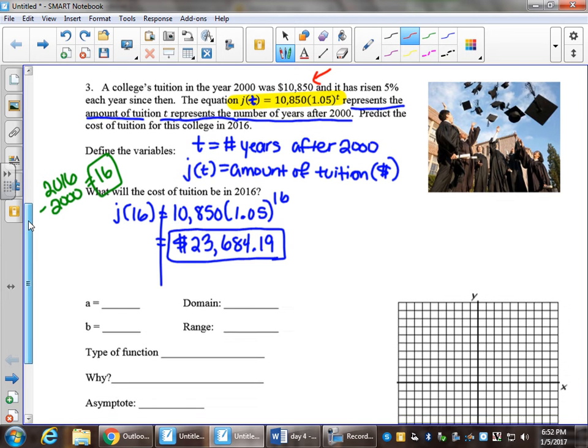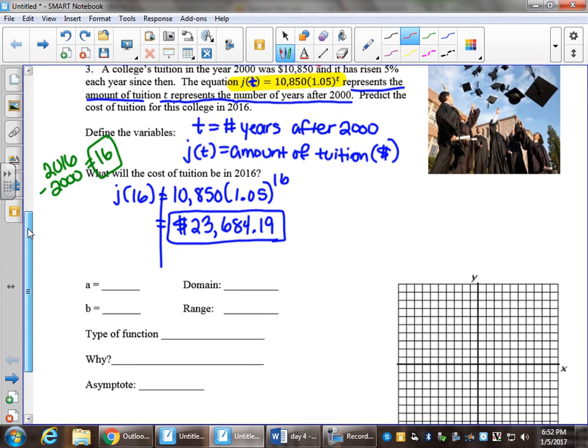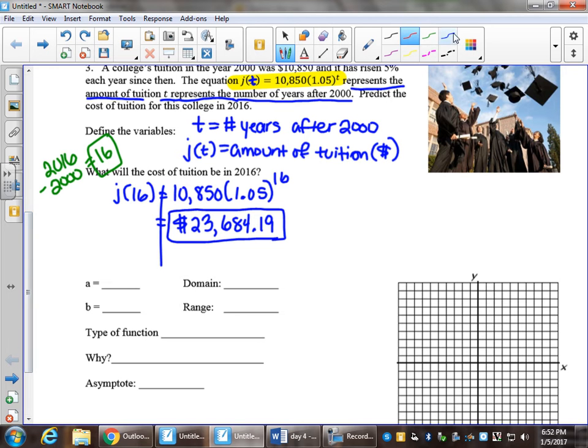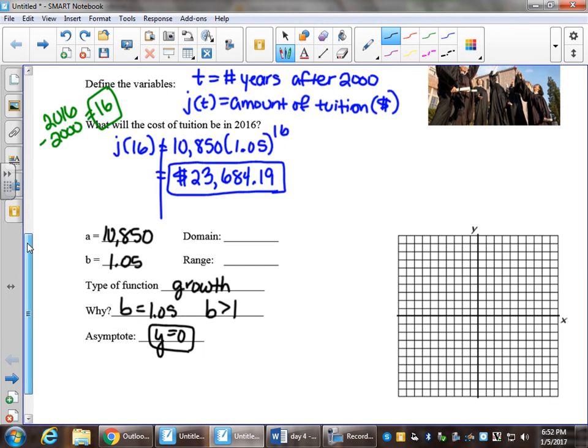Let's get back to our skills of identifying our characteristics and sketching a graph. So A is 10,850. B is 1.05. I know that this is going to be growth because B equals 1.05, and that value is greater than 1. If I look, I don't see plus or minus a value here, so my asymptote is y equals 0. Remember, the asymptote comes from k.